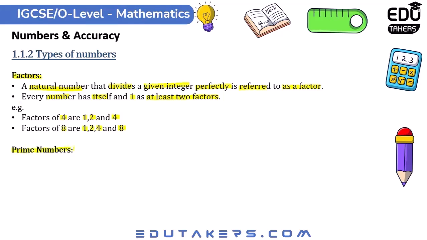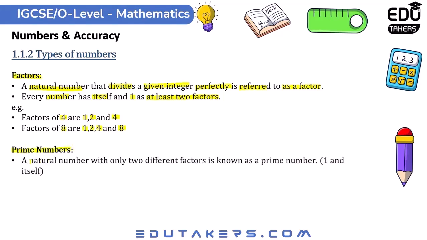Next is prime numbers. A natural number with only 2 different factors is known as a prime number, and 2 different factors are 1 and the number itself. For example, 2, 3, 5, 7, 11, 13, 19 and so on, these all are prime numbers.